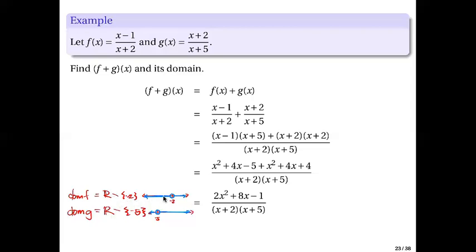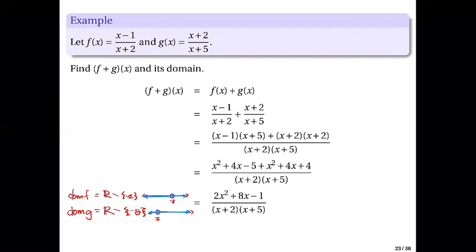The intersection is the set containing all the numbers that are common to this. This guy here has negative 5, but this guy here does not have negative 5. So it's not common to both of these. This guy here has negative 2, but this guy here does not have negative 2. So again, negative 2 is not common. All other numbers are common to both the domain of f and the domain of g.